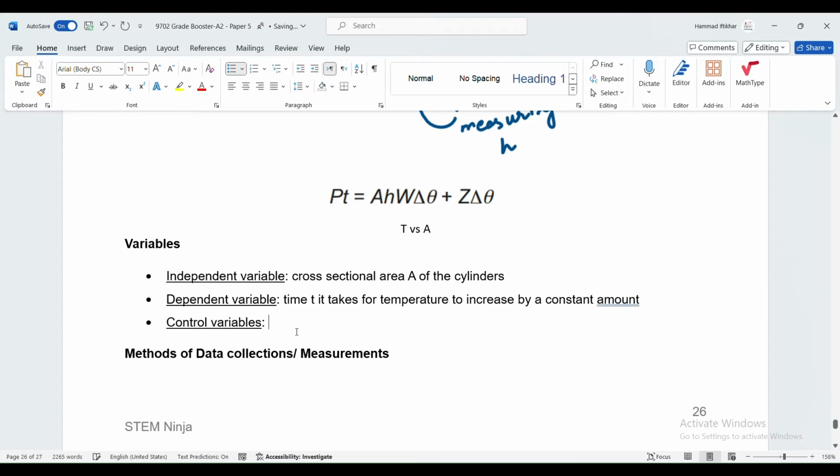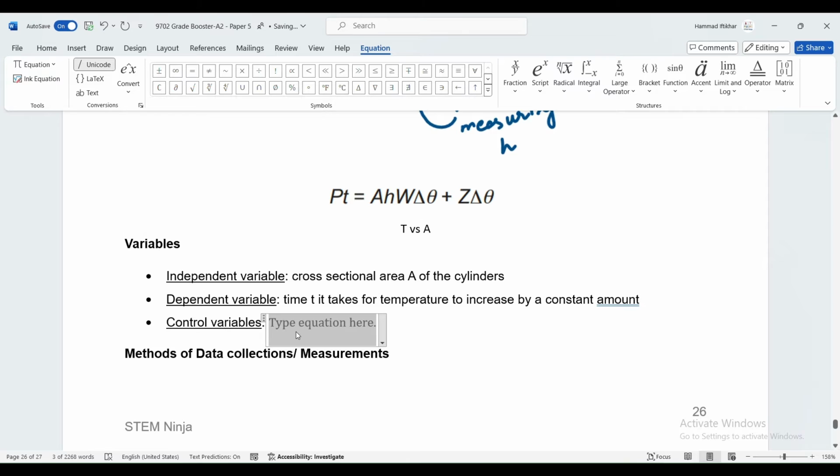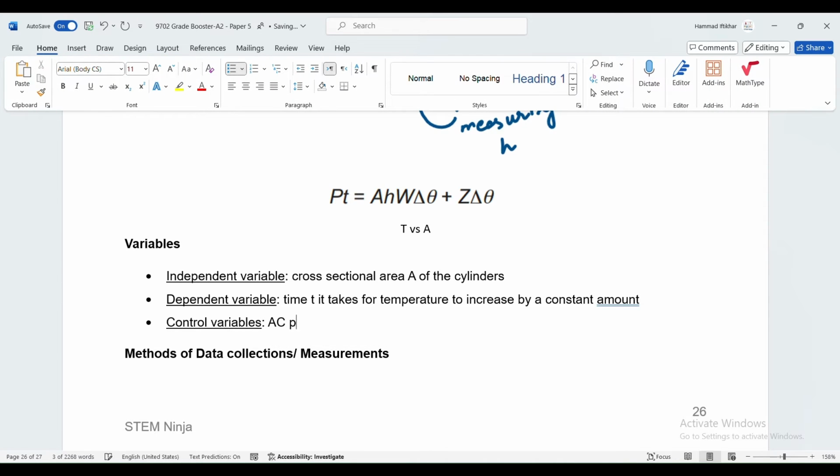Okay. Control variables, everything else will be controlled. The mean AC power supply is going to be constant.